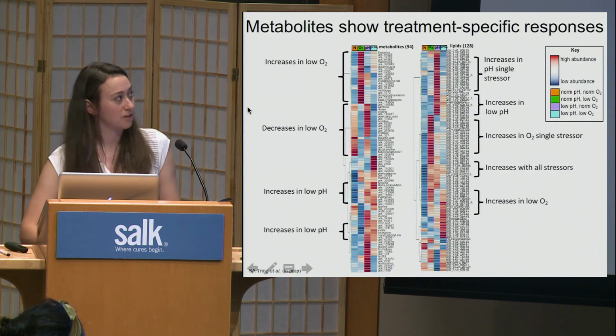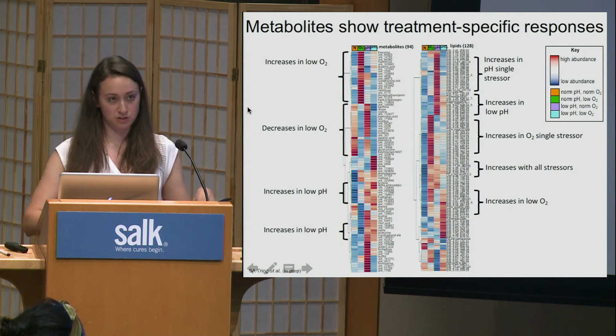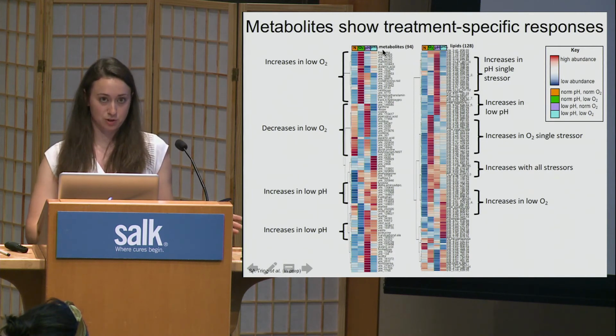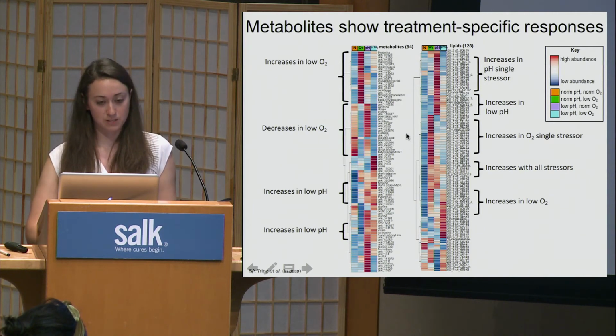Okay, and what I found in looking at this data: there are 60 different metabolomes, one for each crab, and 15 crabs per treatment. These are heat maps showing the different levels of compounds that were significantly affected by the treatments. On the right side of the heat map, these are all different metabolites, and these ones are all different lipids, known compounds and unknown compounds.